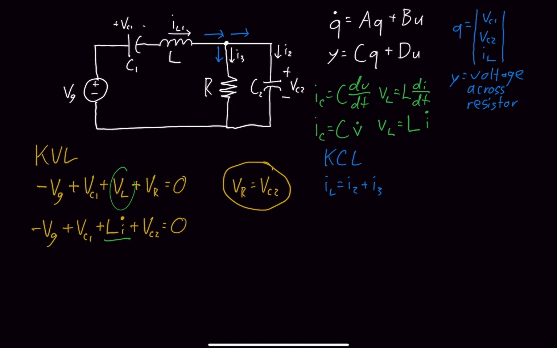For another one, let's see. We know with KCL that I2 equals IC2, so we can replace that. And for I3, I think we'll just do Ohm's law.